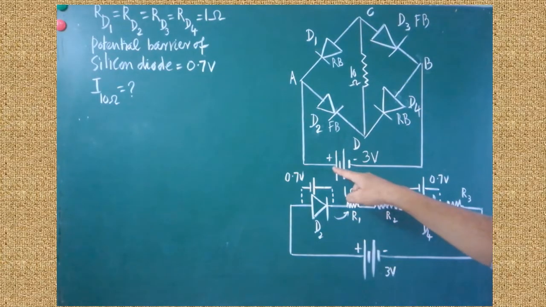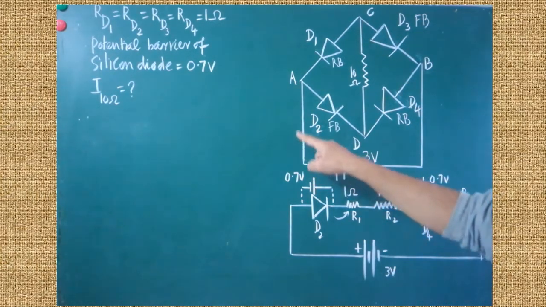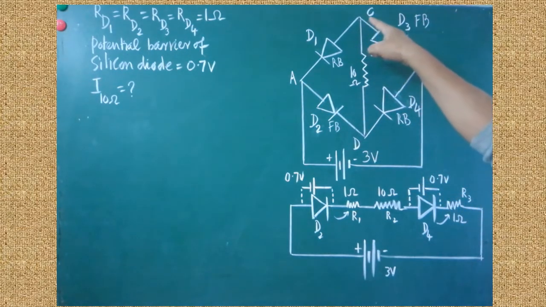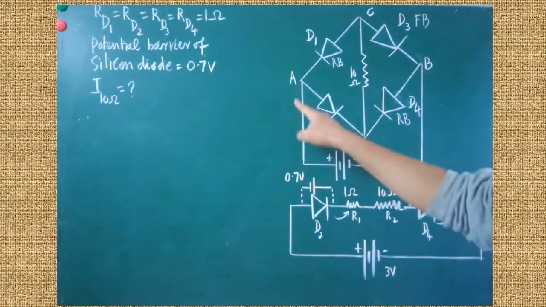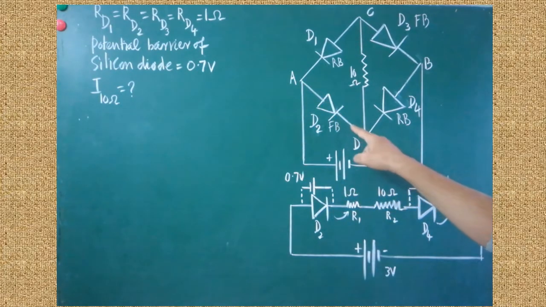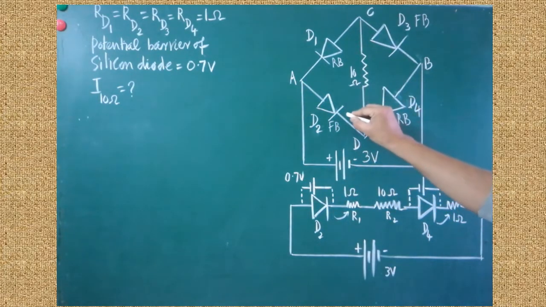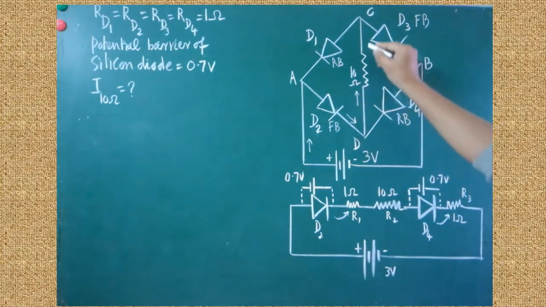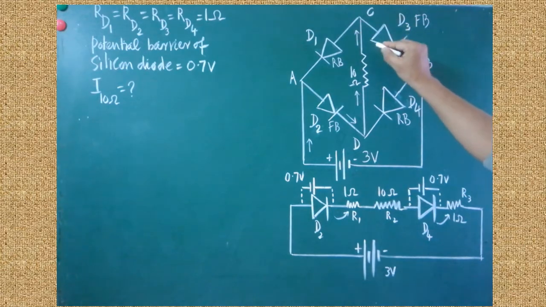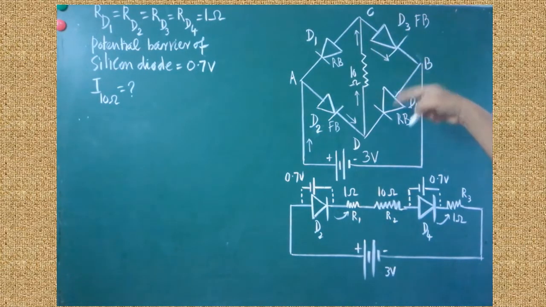So see the flow of current. The flow of current takes place in this path. Look at my finger. Right from the positive end, the current flows through D2, then through the 10 ohm resistance, then through D3, and the same current flows in this direction.